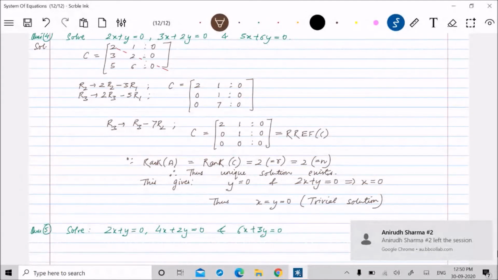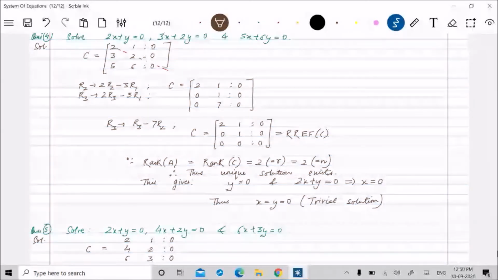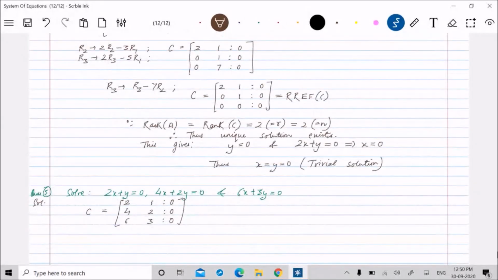C equals 2 1 partition 0, 4 2 partition 0, 6 3 partition 0. Of course, infinite solutions will be there.